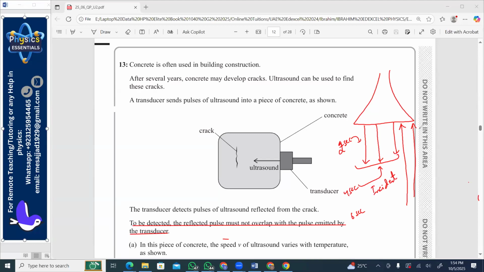Take an example. If the transducer is emitting a wave which takes 2 seconds to completely transmit, and within that 2 seconds a reflected wave arrives in less than 2 seconds, what will happen?